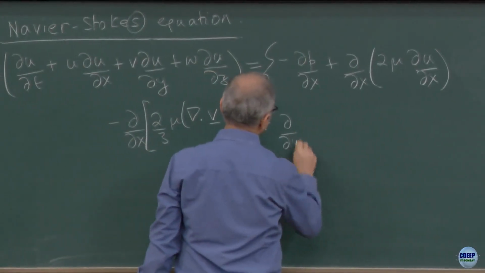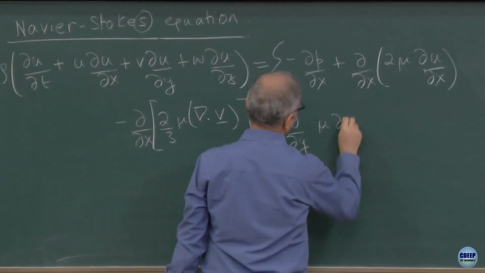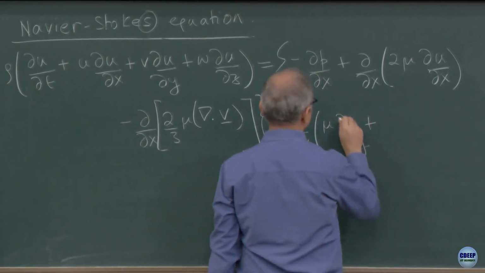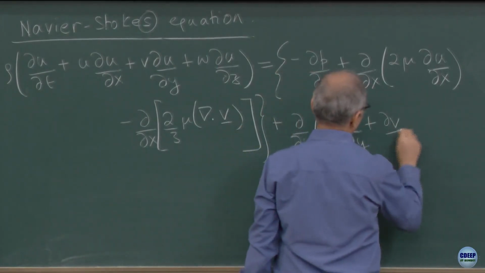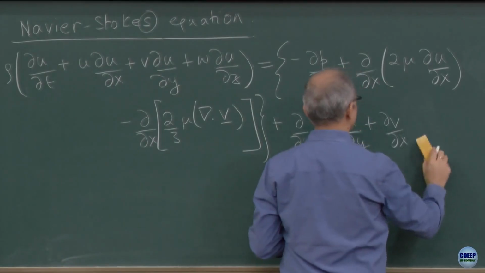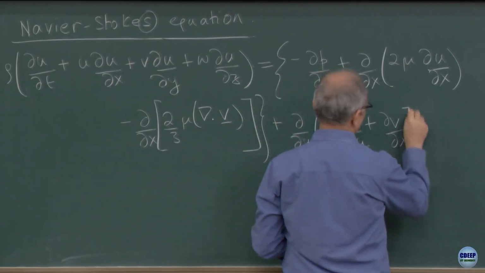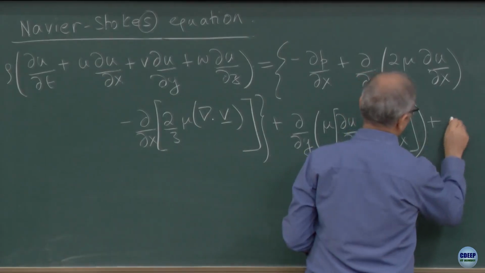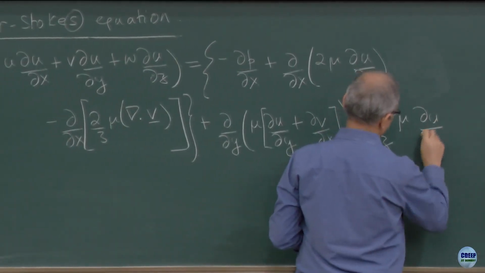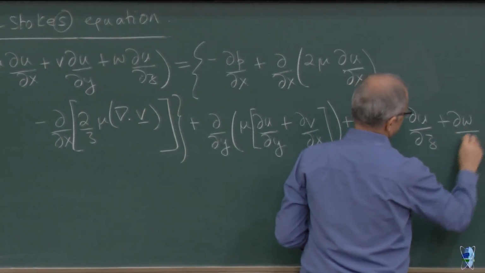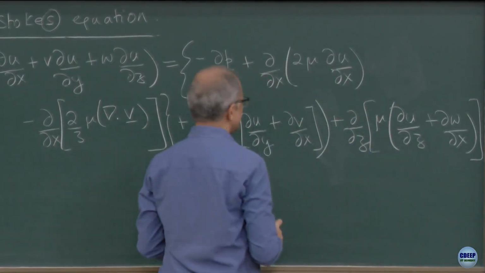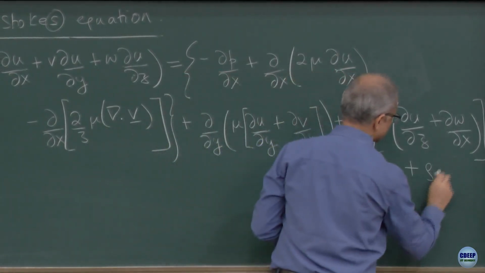So we get dou y of mu, dou u, dou y, dou v, dou x, plus rho times fx.